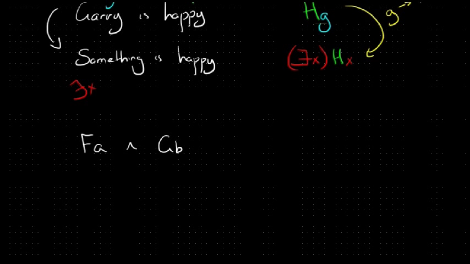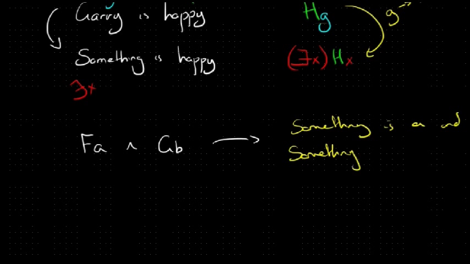So what we could get from this is something is F and something is G, and there's kind of two configurations for this.